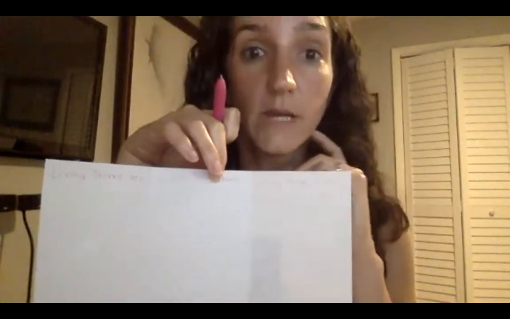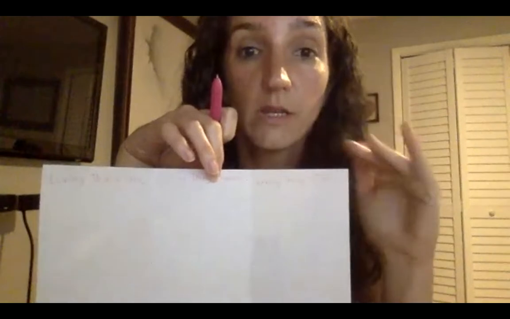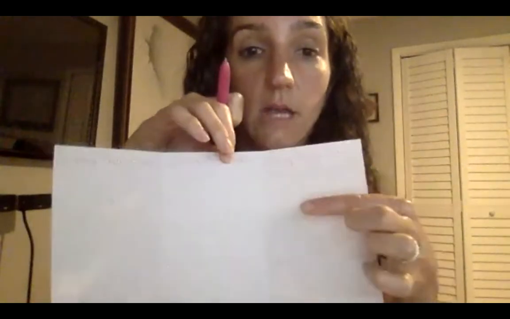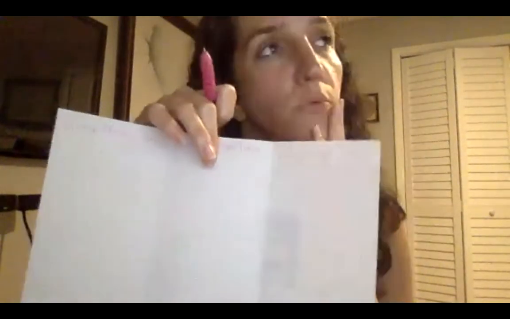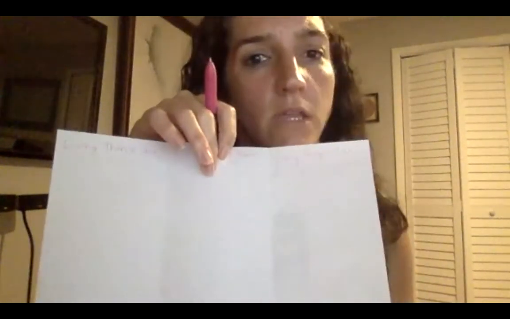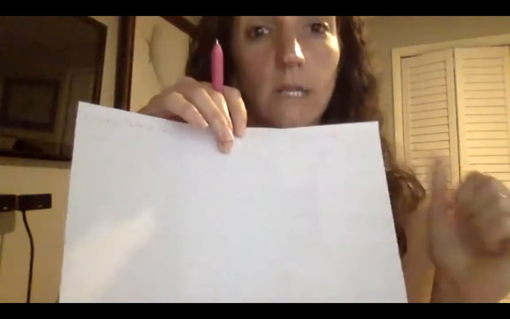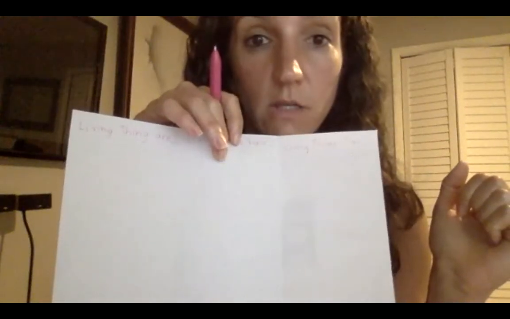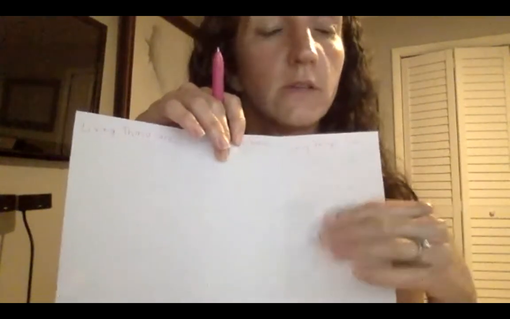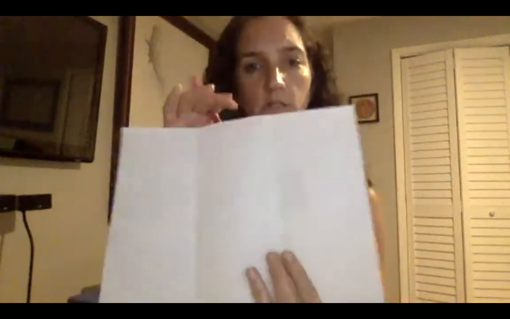We all breathe. You might not even notice it, but we are breathing constantly. Okay, so living things can breathe. Living things, do they grow? Yes, they all grow. Living things move on their own, don't they? Living things. There's so many ways you could take that sentence.